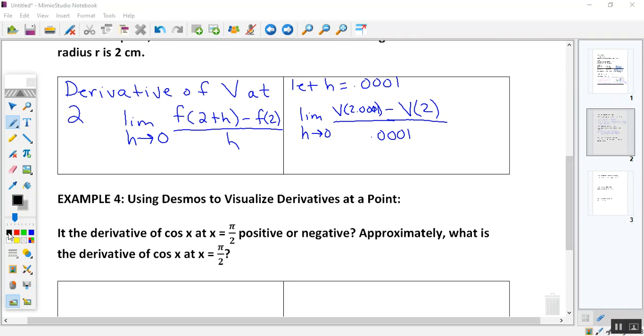What did you guys get here? You get 33.5606. Okay, so I'm going to write this whole thing out. This volume of 2.0001 into my formula. What value are you getting? I'll try and squeeze it in up here. Is it okay if I call it about 33.56? Is that okay? How about 33.5?